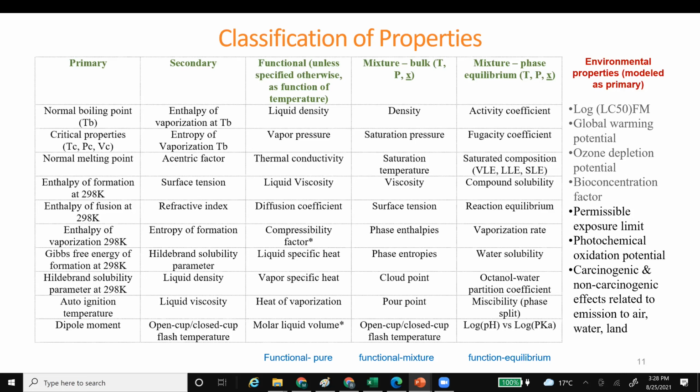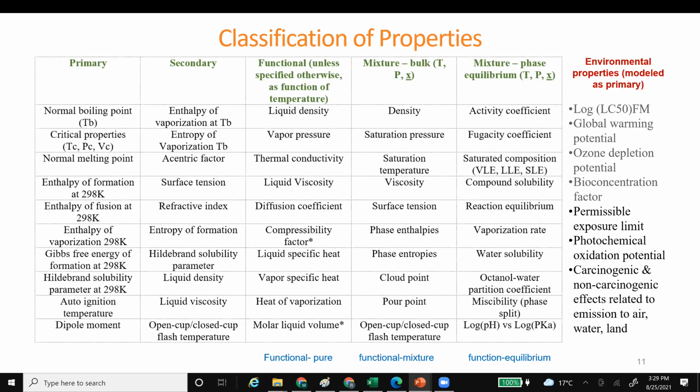Then the next two columns are for mixture properties. In the first one, we have a mixture which could be liquid, vapor, or even solid, where the phase is fixed.